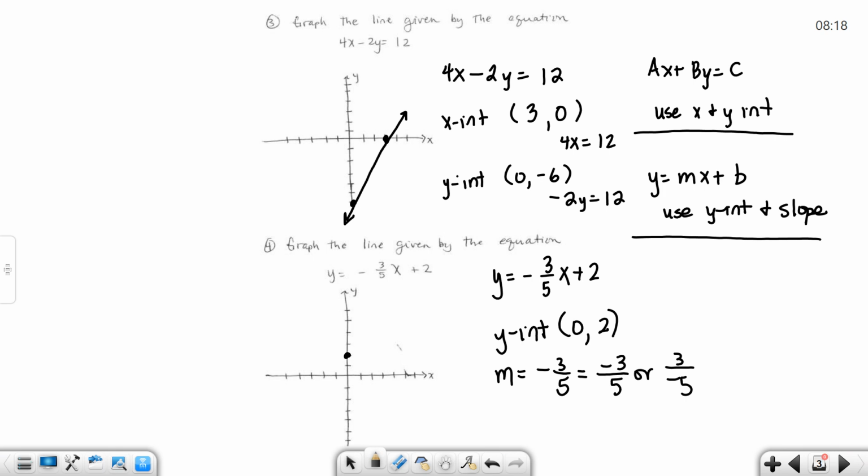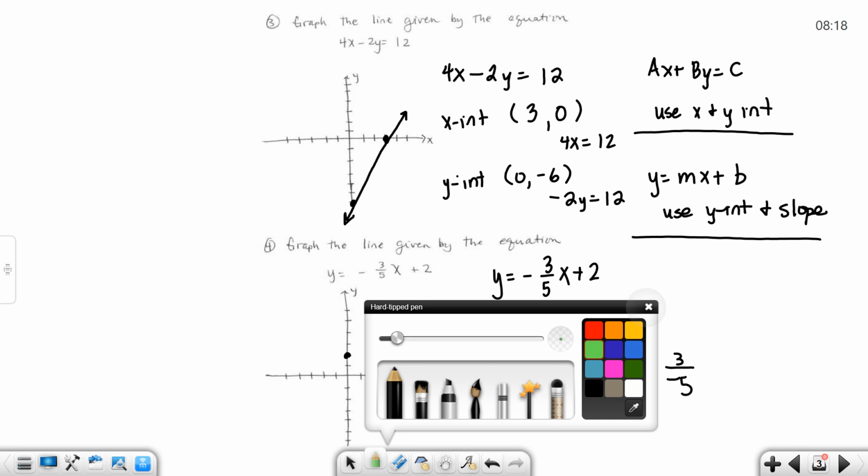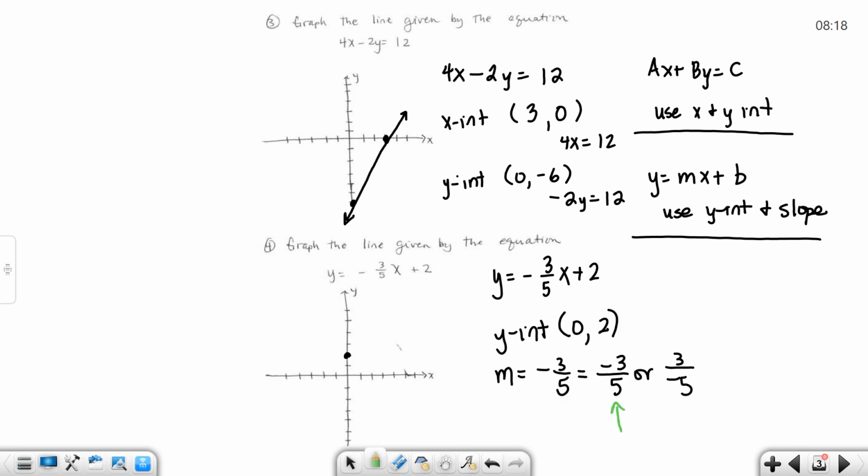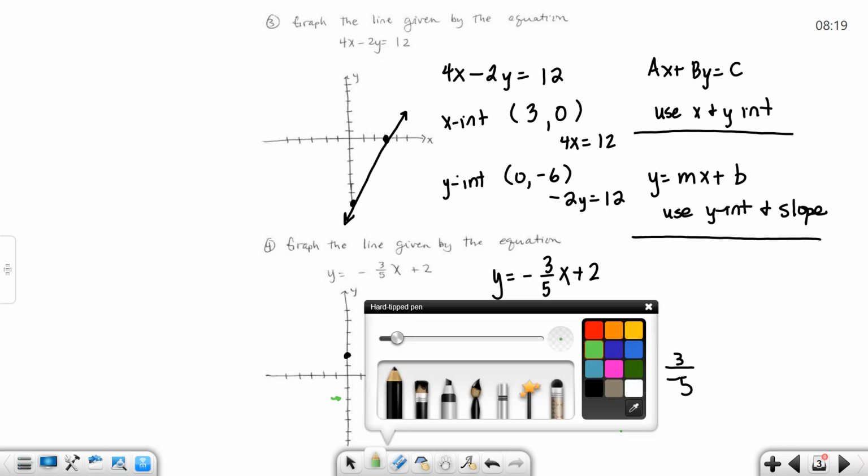Then use the slope. Now, if we use this form, from our starting point, the negative 3 tells us to go down 3, which will put us here. And then the 5 tells us to go to the right 5. There's another point on the line.